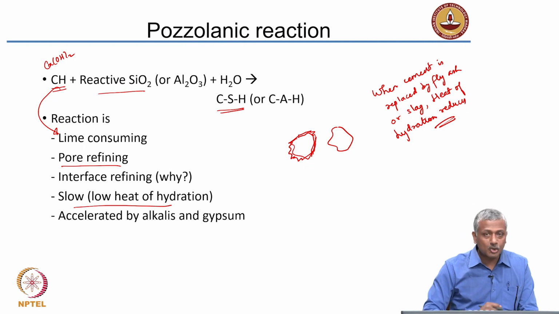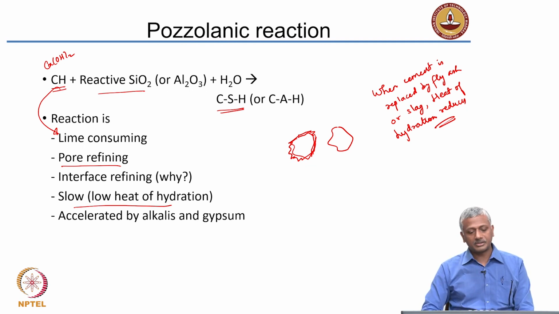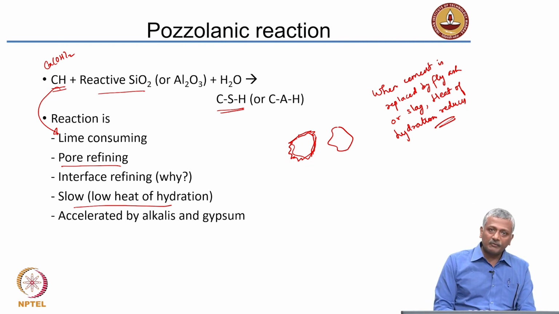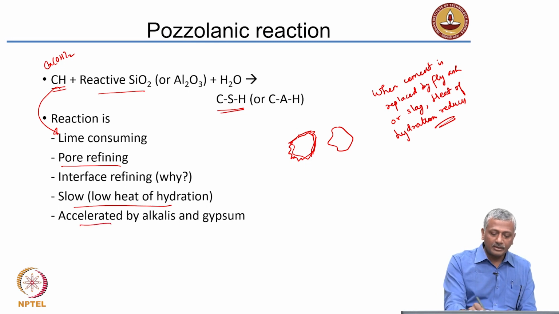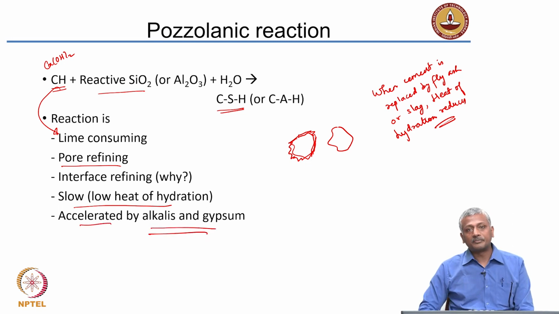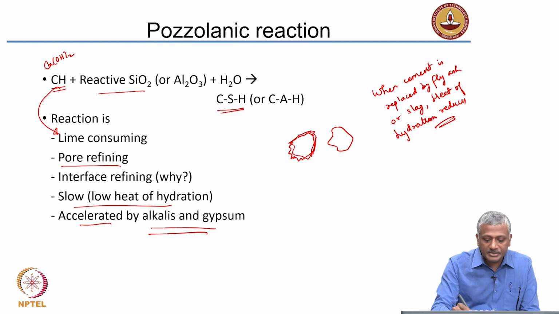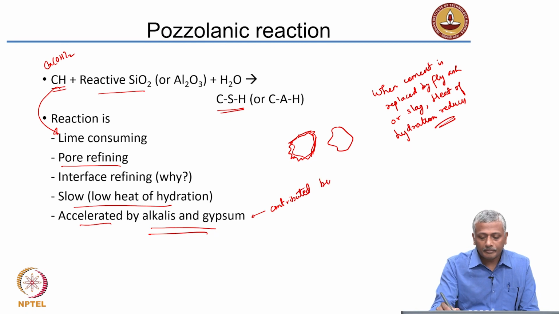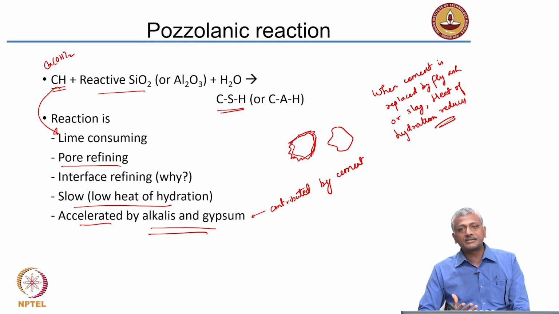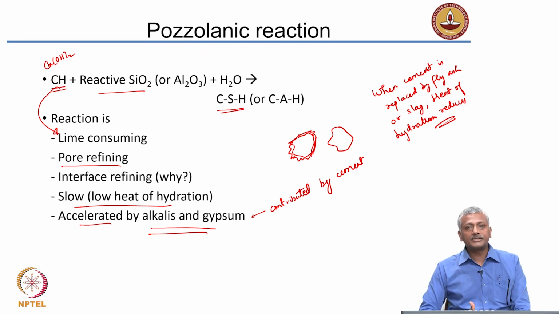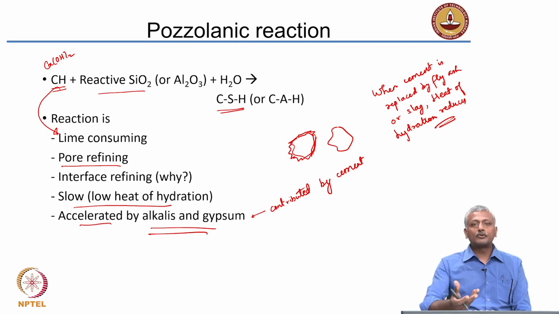This reaction is much slower than the reaction of cement hydration. But one way in which it gets accelerated is by the presence of alkalis and gypsum. Interestingly, both alkalis and gypsum are contributed from cement. We saw earlier in the structure of cement there are oxides like alkali oxides, sodium and potassium oxide, and of course we add gypsum in the final stages of cement manufacture.